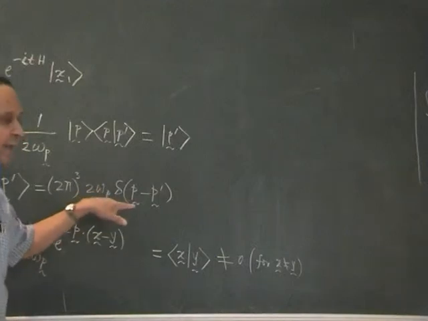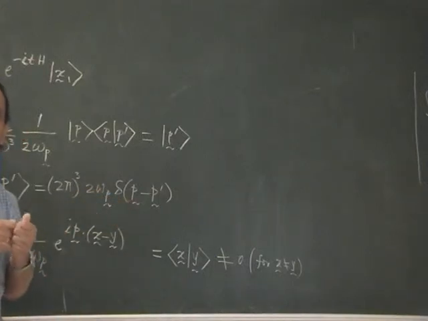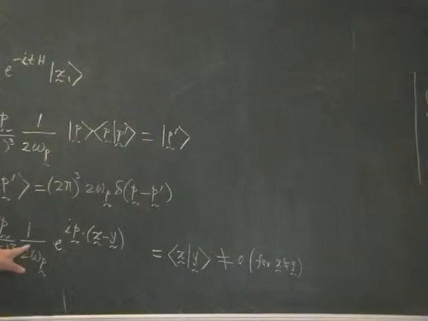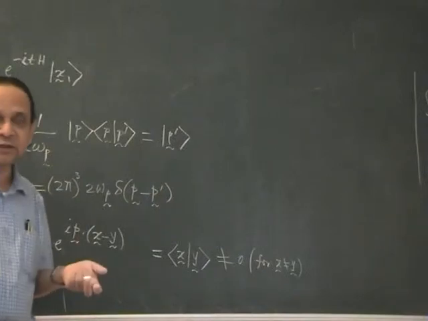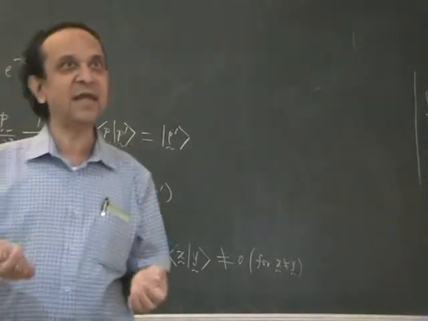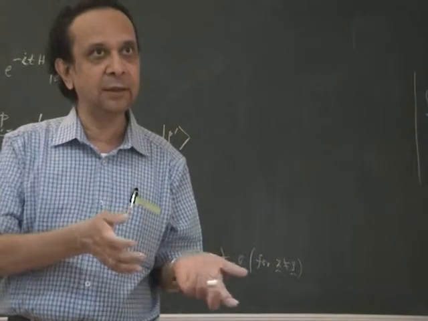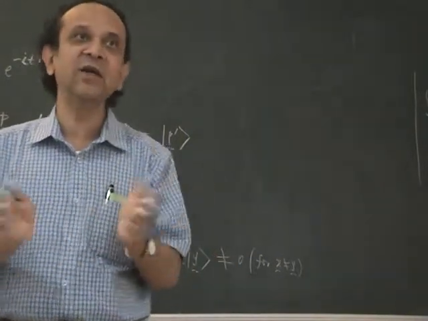Or rather, when I take the xp overlap, I take it to be 1 upon square root of 2 omega p times e to the ipx, rather than just e to the ipx. Then I could have thrown this away. But then I would have violated Lorentz invariance. See, what it tells you is that if you have Lorentz invariance and the uncertainty principle together, you cannot have a localized set of particles.